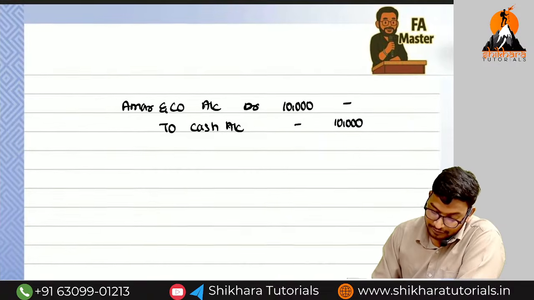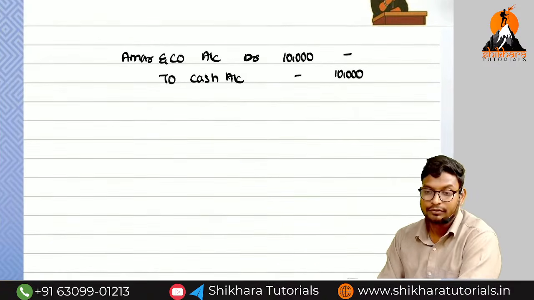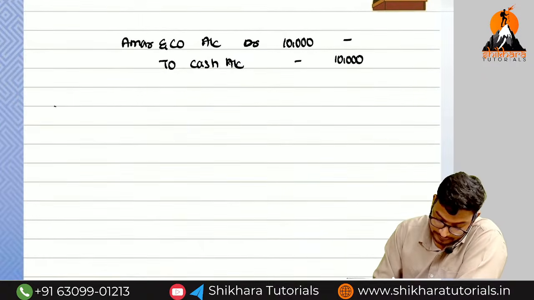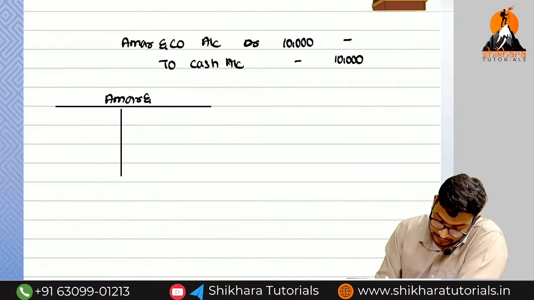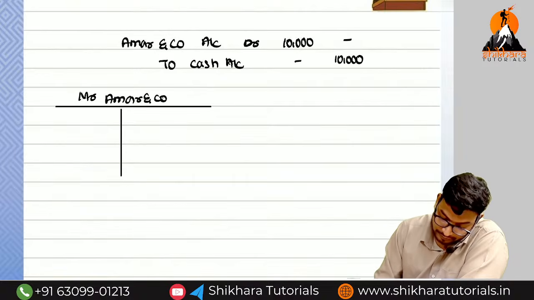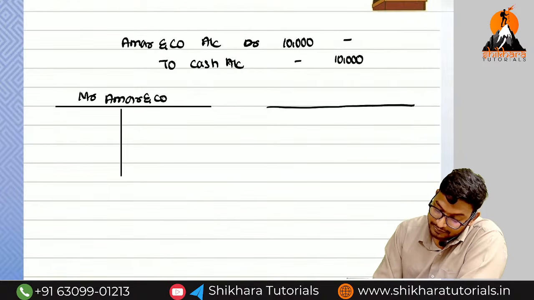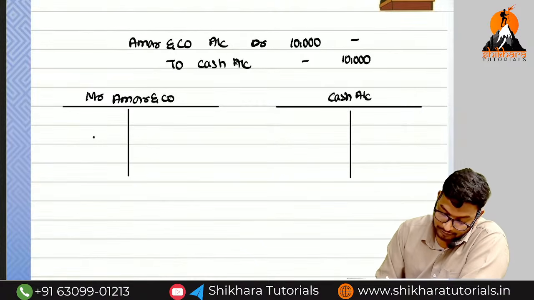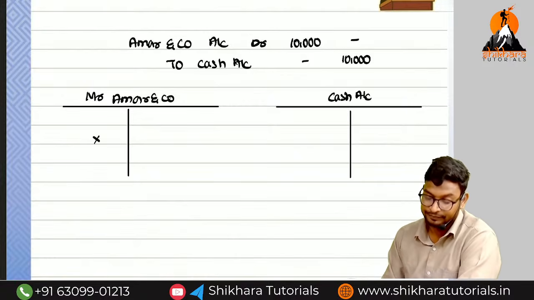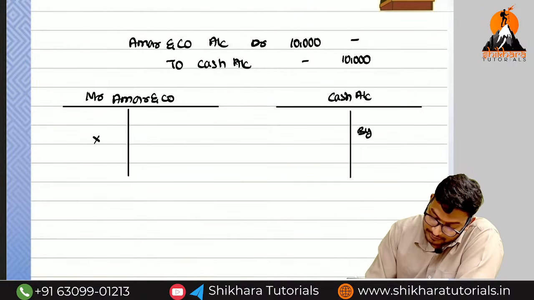So they need to record in which accounts? Amar and Co account and cash account. But unfortunately they have not recorded on the debit side of Amar and Co, though they have recorded in the cash account. Mr. Samar and Co only they have recorded.